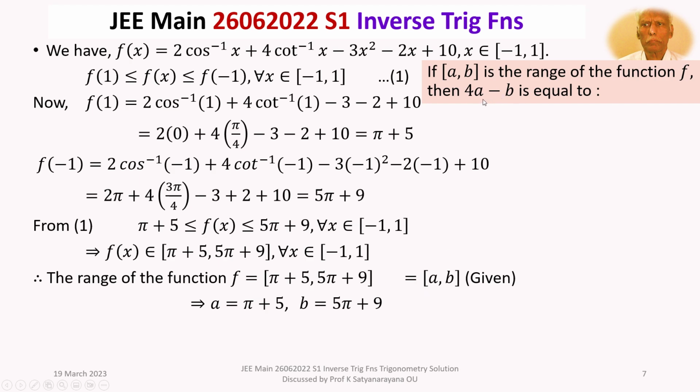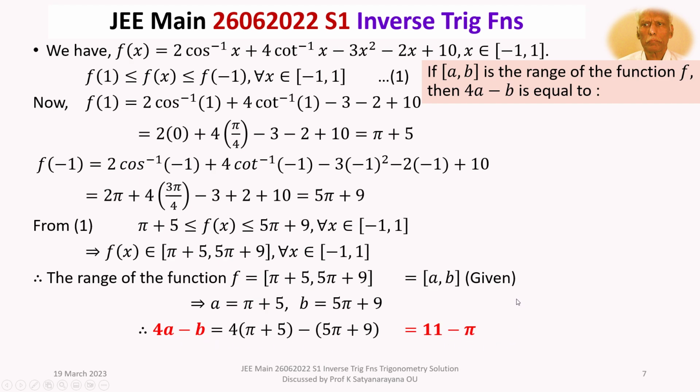Now we find 4a minus b. 4a minus b is equal to 4 times pi plus 5 minus in brackets 5 pi plus 9. Simplifying, 4 pi minus 5 pi is minus pi. 4 5s are 20 minus 9, 11. 11 minus pi. 4a minus b is 11 minus pi.